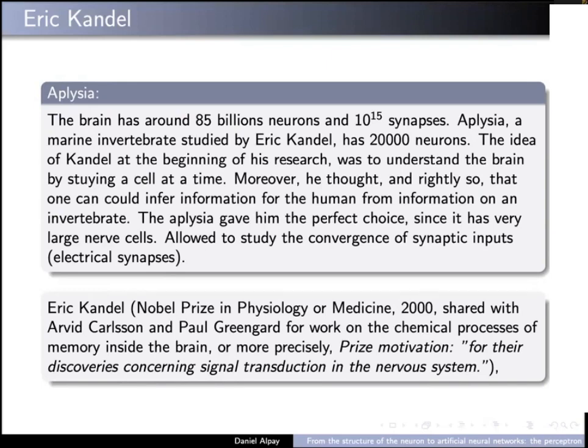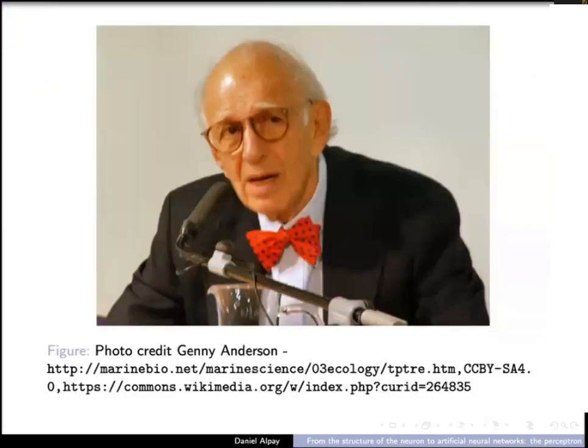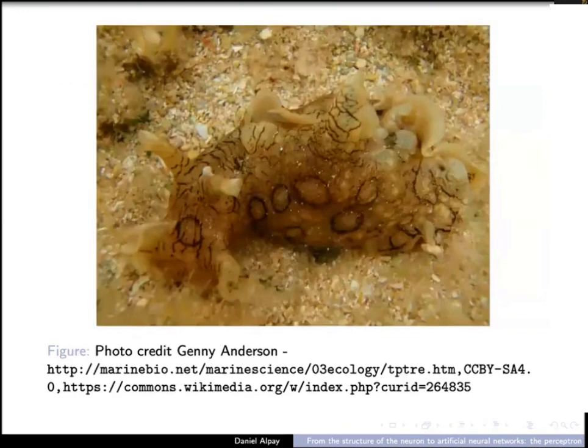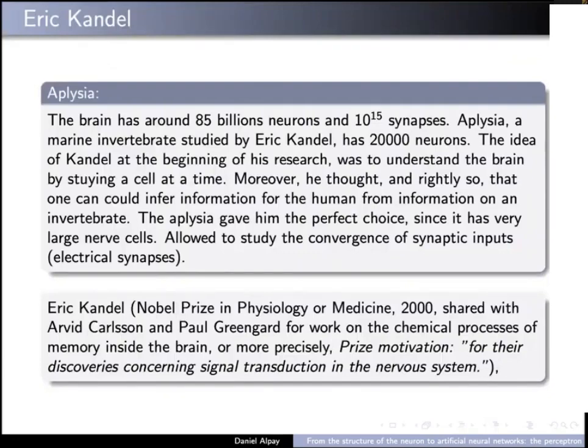The aplysia has 20,000 neurons, and you can map, basically. The neurons are big, and so you can map what every neuron is doing, or at least try to. It has a small number of neurons, but bigger.